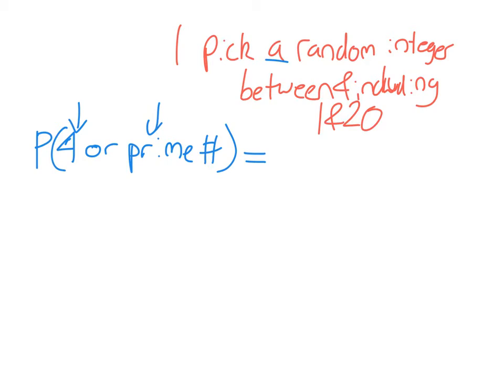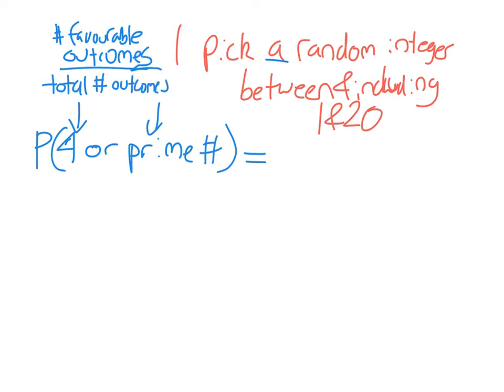To figure out the probability that I get a 4 or a prime number, I again have to use the formula: the number of favourable outcomes divided by the total number of possibilities. If I pick a random whole number between and including 1 and 20, there are 20 possible outcomes, so finding the number that goes on the bottom is easy. Now I've got to think about numbers that satisfy this: a 4 or a prime number.